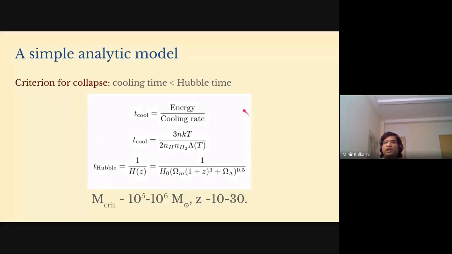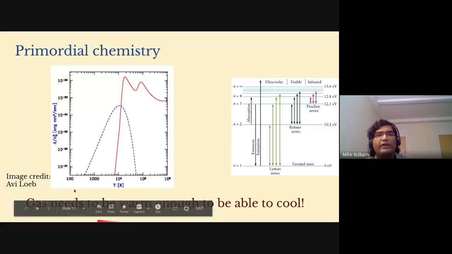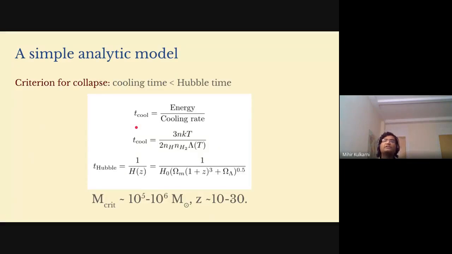The thermal energy can be written as 3/2 nkT, and the cooling rate for gas depends on the atomic hydrogen number density, molecular hydrogen number density, and the cooling function as a function of temperature that I just showed you here. So it depends on how the cooling function changes as a function of temperature as well as what the densities are.